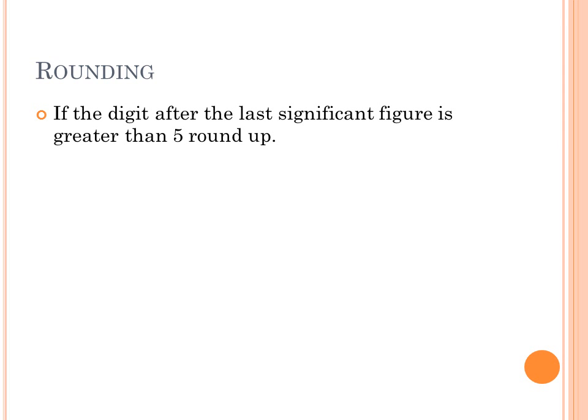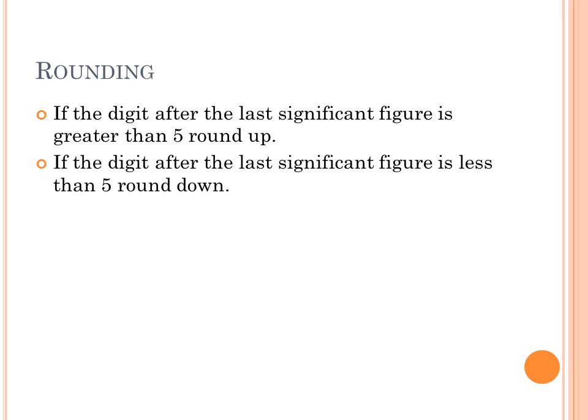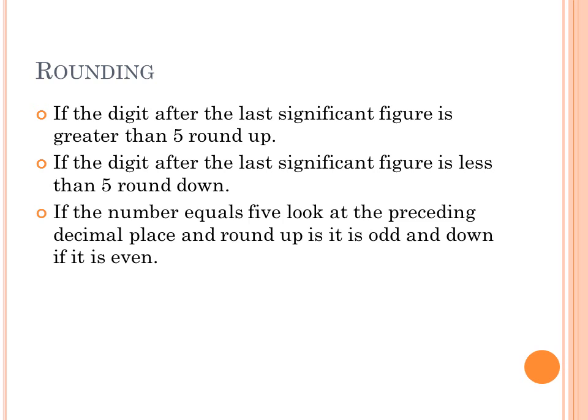Now, how do you round that off? If the digit after the last significant figure is greater than 5, we're going to round up. If it's less than 5, we'll round down. If it's equal to 5, it means it's equally distant from each, so we have to round that up and down half the time.